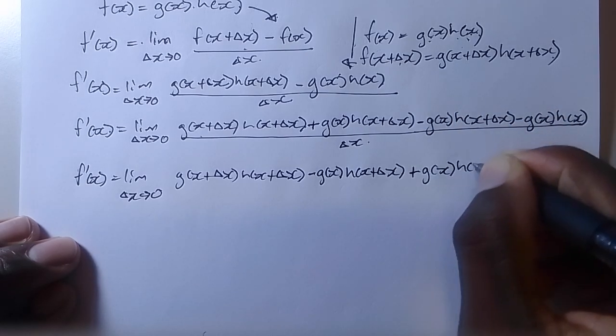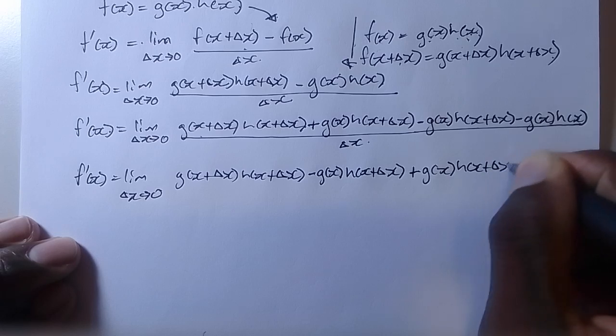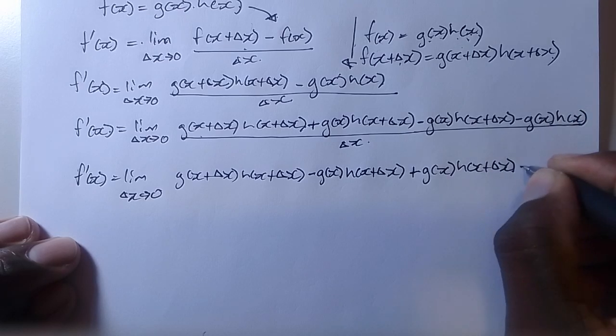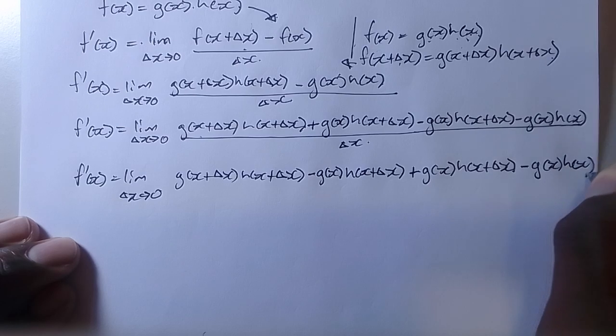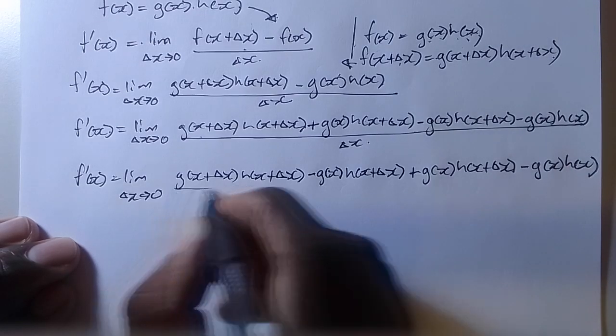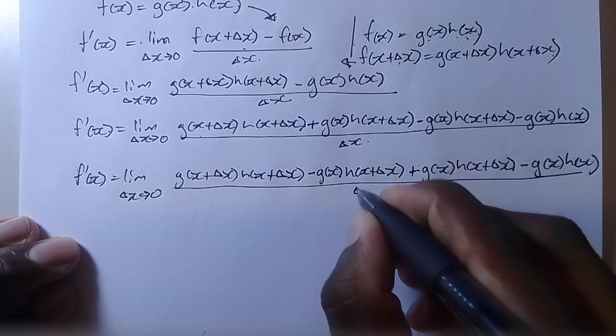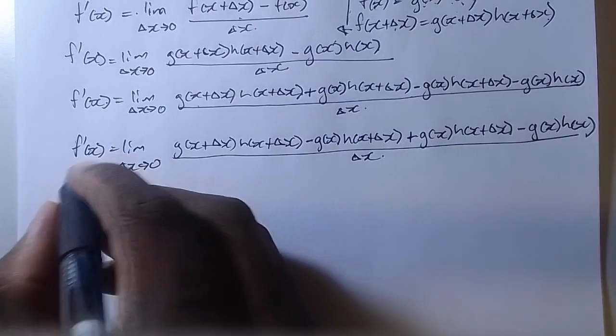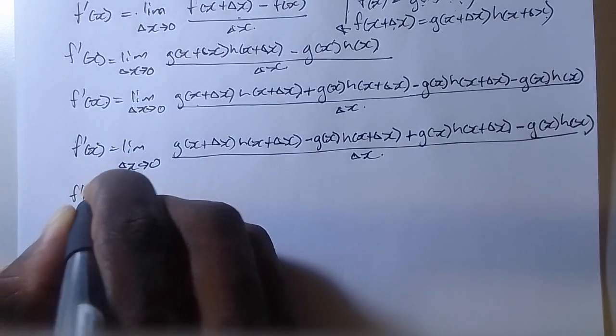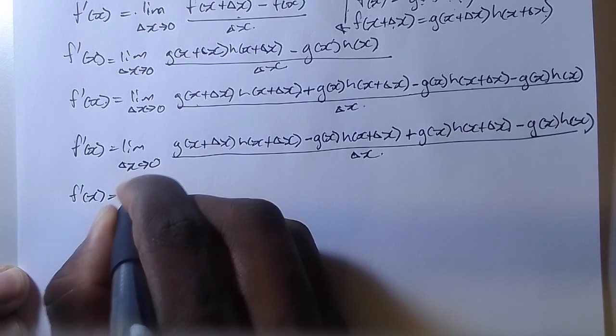Plus g of x, h of x plus delta x, minus g of x, h of x. Right, I rewrote every other thing exactly like it is, and then divide by delta x. Right? Now f prime x is equal to the limit.